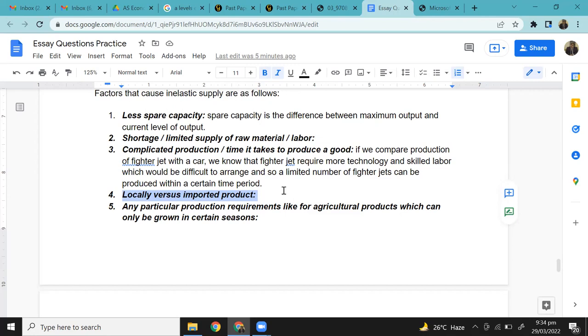So you can work around it, but again it requires a lot of money, a lot of investment, and that might not be justified. Are you getting me? That might not be justified if customers are not willing to pay a higher price. So if the price of mangoes is not high enough to justify the additional cost of growing mangoes in winters, then what's the point of doing that?